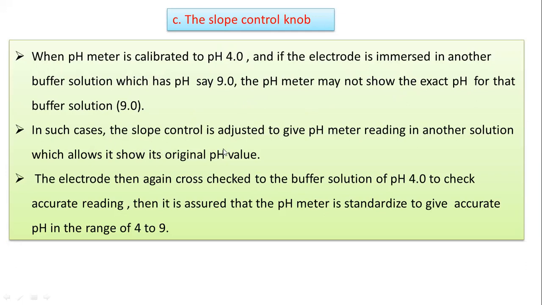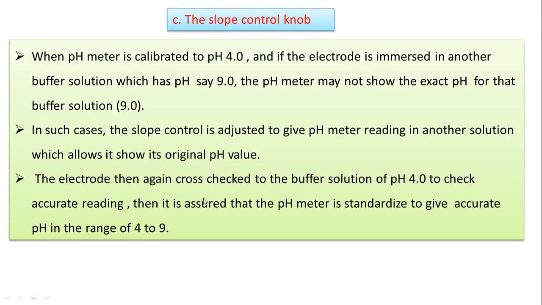In that case, the slope control adjustment is given for the pH meter to read the pH of the other solution. Adjusting the slope control allows it to show its original pH value, so it can read the pH of another solution that has a different pH value than the initial one.